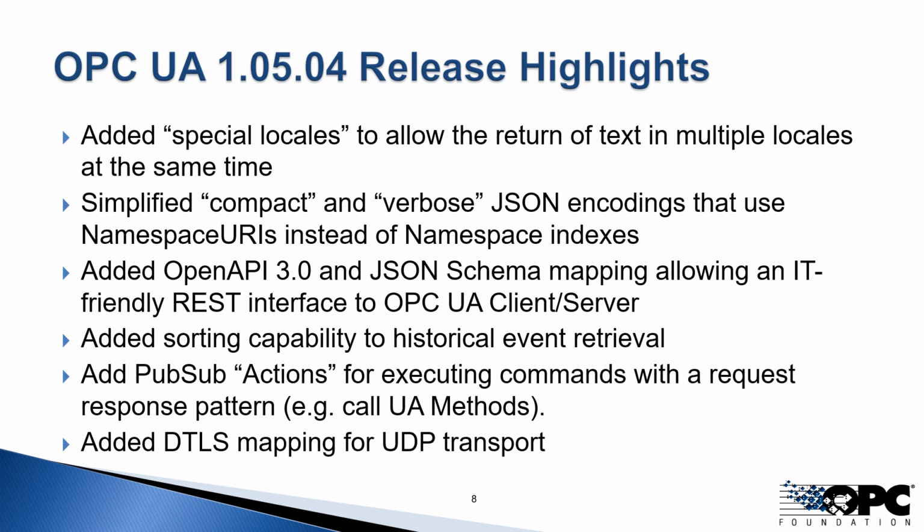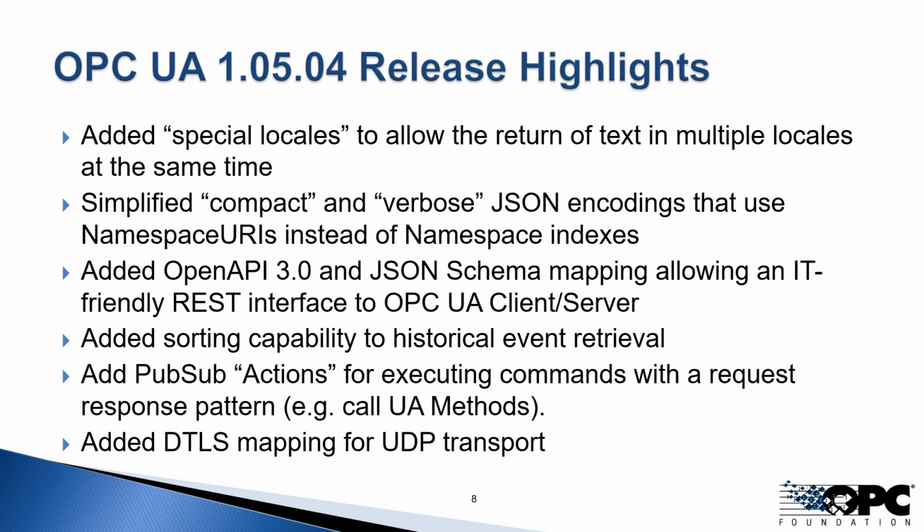And this simplifies the handling of OPC UA messages by clients, and they don't have to understand our notion of namespace indexes, where the namespace indexes can change over time, etc. So this was a major rework of the JSON encodings that will simplify things greatly going forward.